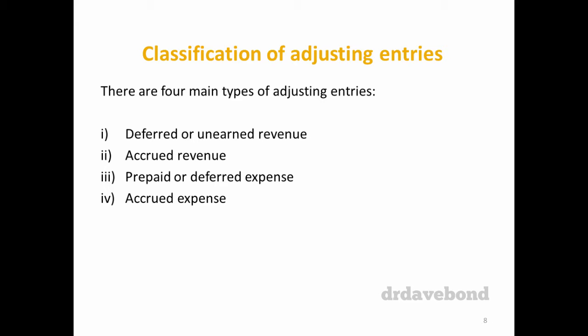Type 2 is we earn something and then we are paid for it. If we earn and are paid at exactly the same point in time, this is not an issue. The issue exists because payment and earning get separated out at times. So these are obviously for revenues.